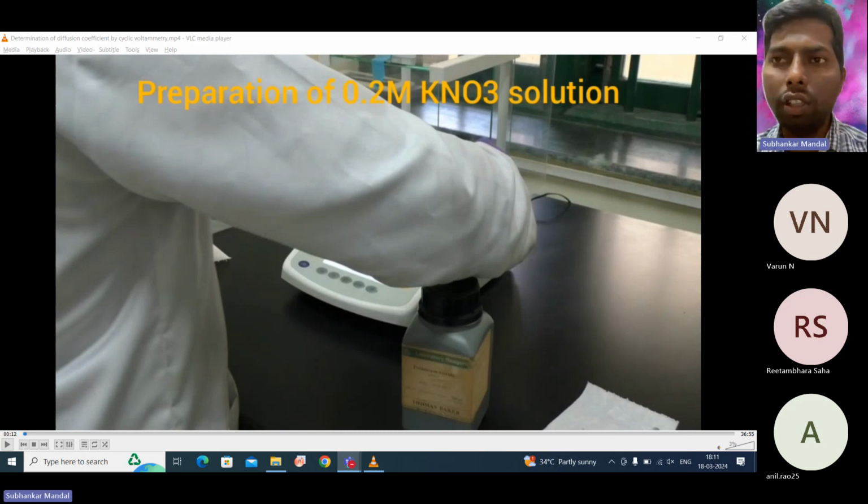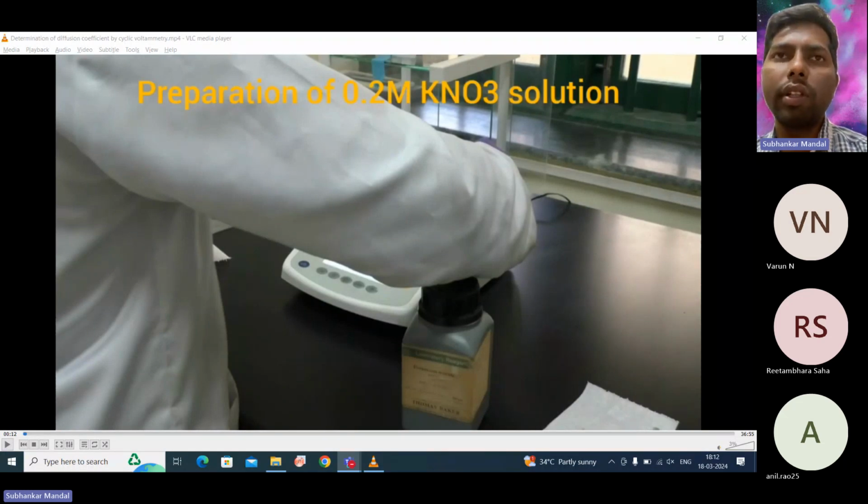So basically, this is what we are doing. We want to know the diffusion coefficient, using the Randles-Sevcik equation. During the cyclic voltammetry discussion I mentioned that equation. Basically, we want to know the diffusion coefficient of iron hexacyanoferrate.